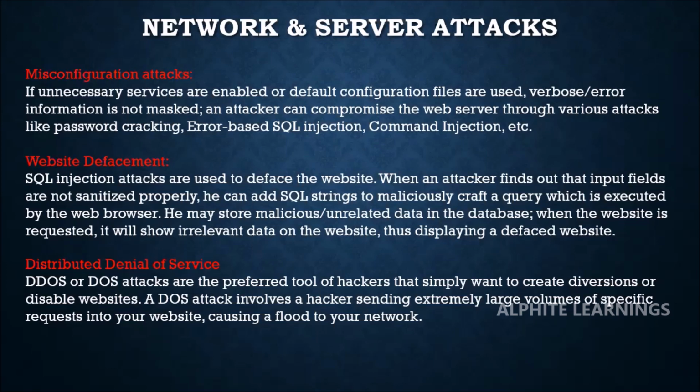Distributed denial of service, we have discussed in multiple instances. Once I know the IP address of a server or a website through information gathering, I can send customized packets with customized throughput.